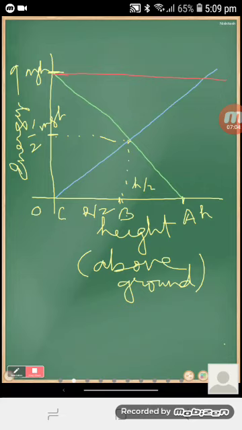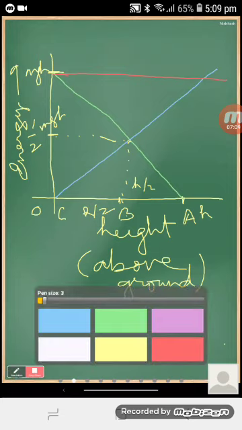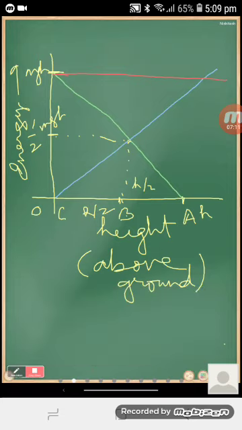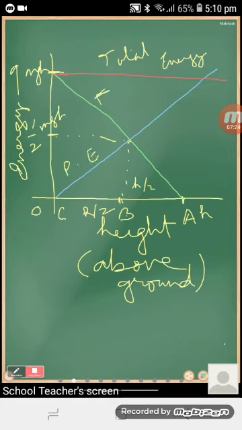Now, this will represent the total energy. This will represent the potential energy, and this will represent the kinetic energy.